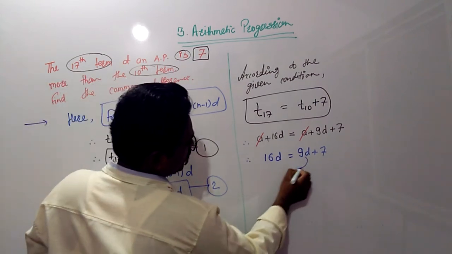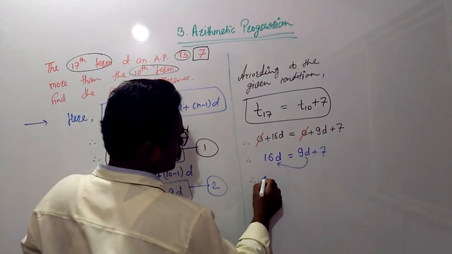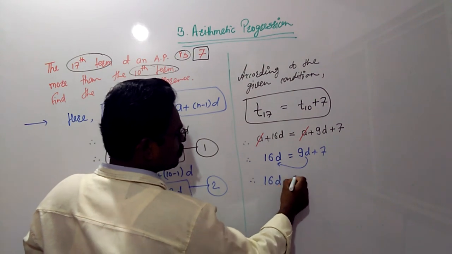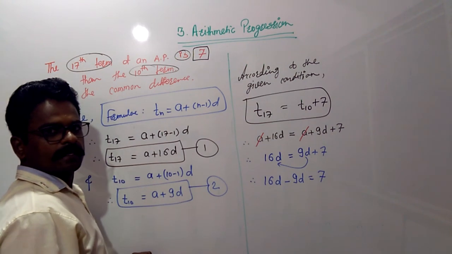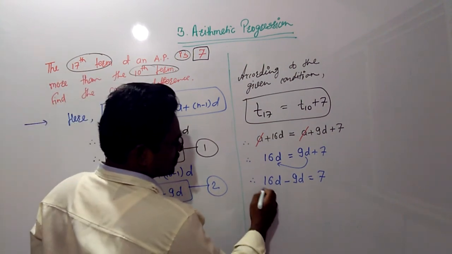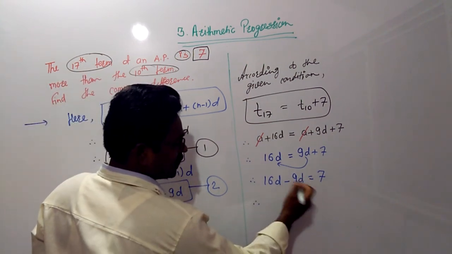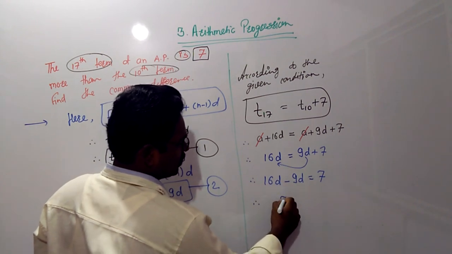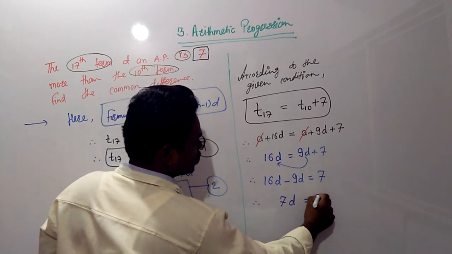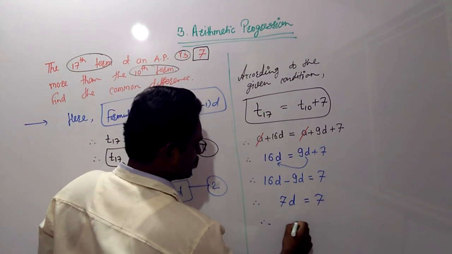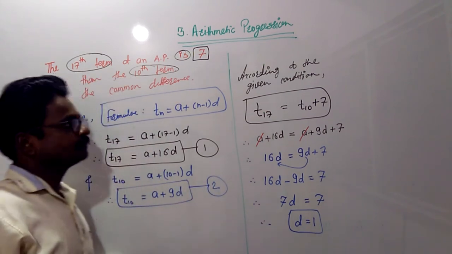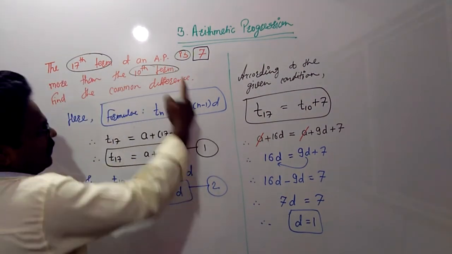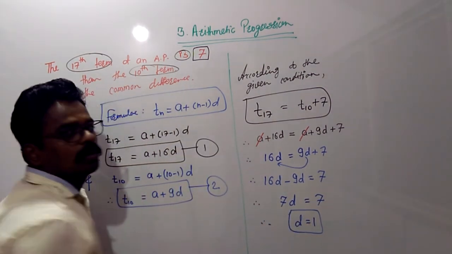We shift the 9d to this side, so it becomes 16d minus 9d is equal to 7. 16d minus 9d is 7d. So 7d is equal to 7, and therefore d is equal to 1. And this is our answer. The common difference d is equal to 1.